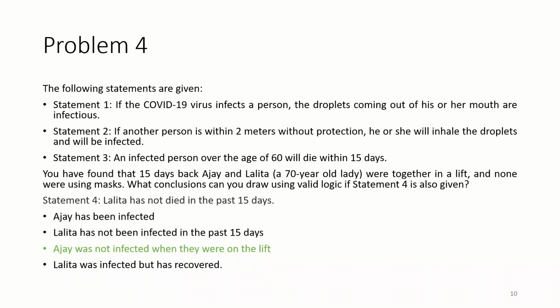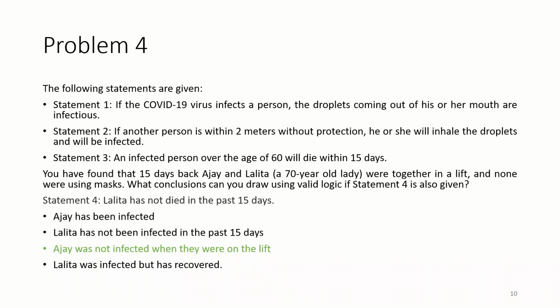Look, it could be, but here also the D option, because... Yeah, continue. So what I was saying is, "Lalita has not been infected in the past 15 days."